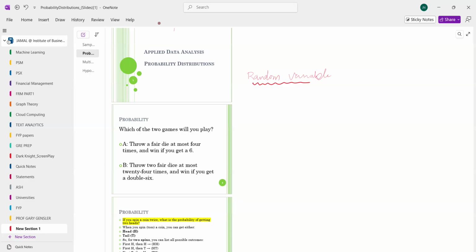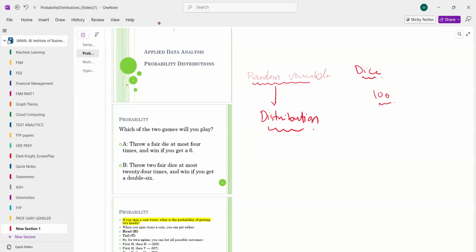But then from the random variable, there comes the idea of the distribution. So what do we really mean by the distribution? What happens is, if you take an experiment, and for simplicity I'm just taking the experiment of the dice, right? I am throwing the dice, and I'm going to throw the dice 100 times.